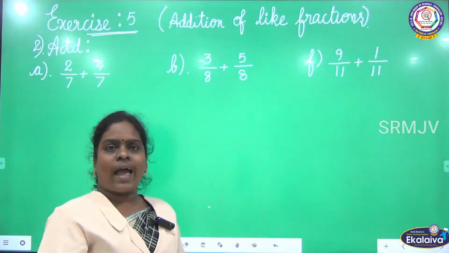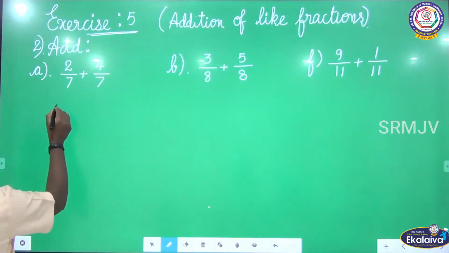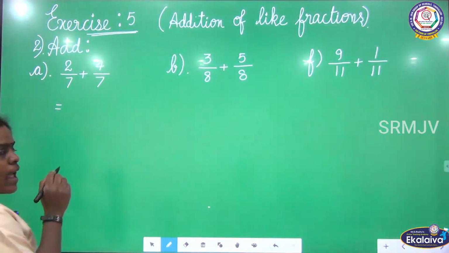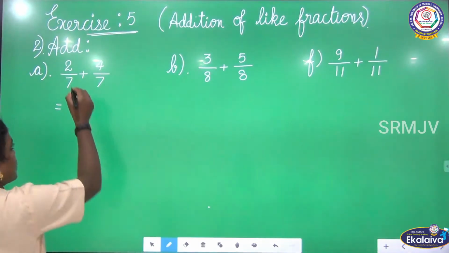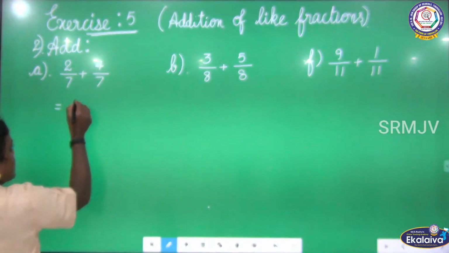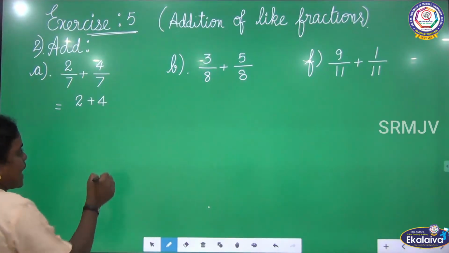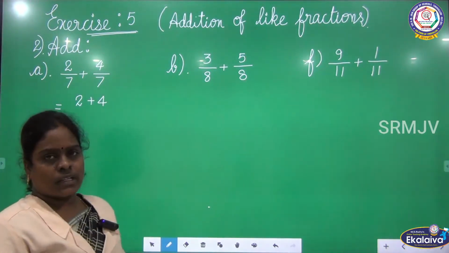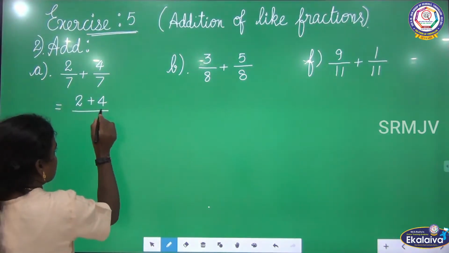If you want to add like fractions, you just add the numerators alone and the denominators remain the same. So here look at the numerators, we have 2 and 4. You just add only the numerators because the denominators are same, so it remains the same.